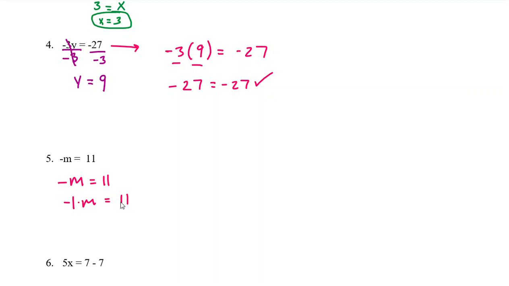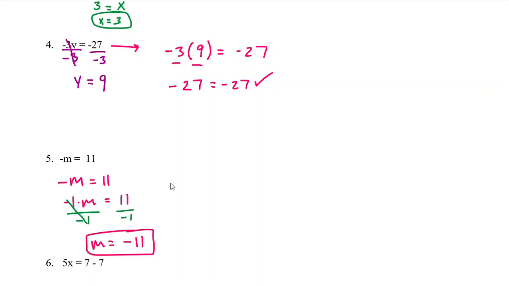But if it's negative m, I can think of it as negative 1m. And if we're being multiplied by negative 1, well, the opposite would be divide by negative 1. Negative 1 divided by negative 1 is positive 1, 1m, equals, and 11 divided by negative 1 is negative 11.